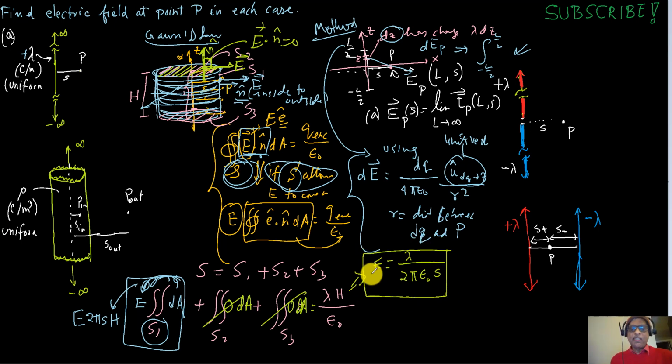So this gives the magnitude, and if I want to write down the vector, the electric field vector is lambda u hat over 2 pi epsilon naught s, where u hat is radially outward.